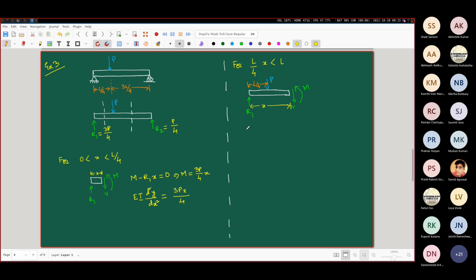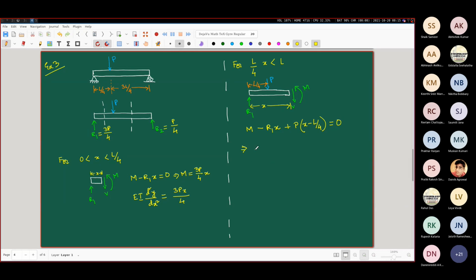So again, I consider the moment balance about an axis which is passing through the right end of this cut portion of the beam. And then I'll have M minus R1x. And the contribution from this P will be what? Tell me. In this equation, x minus L by 4. It is going to be plus P into x minus L by 4. And this is going to be equal to 0.